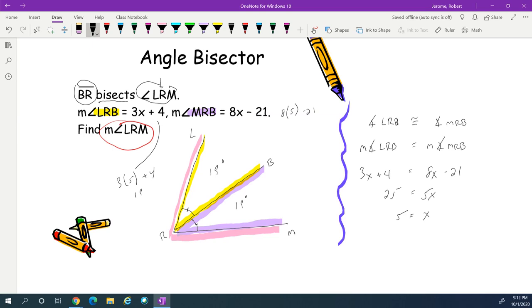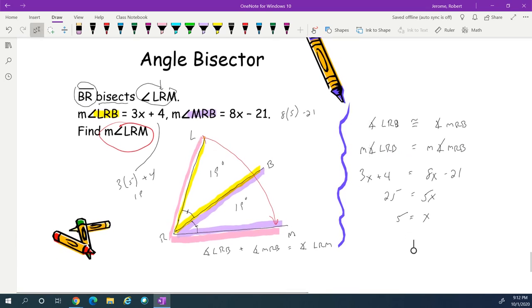So now, how big is the whole thing? Angle LRM. Well, we use our angle addition. Angle LRB plus angle MRB equals angle LRM. 19 plus 19.